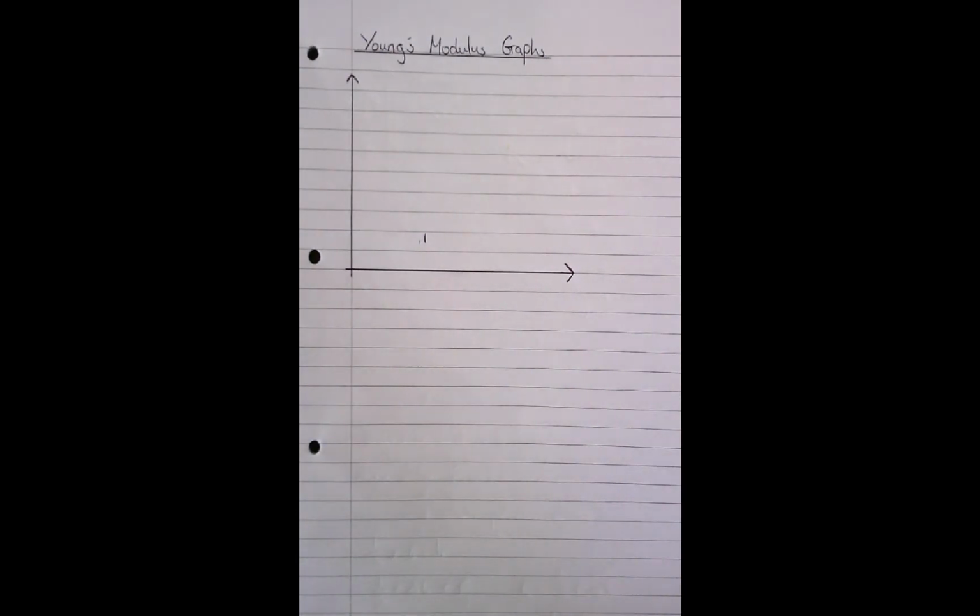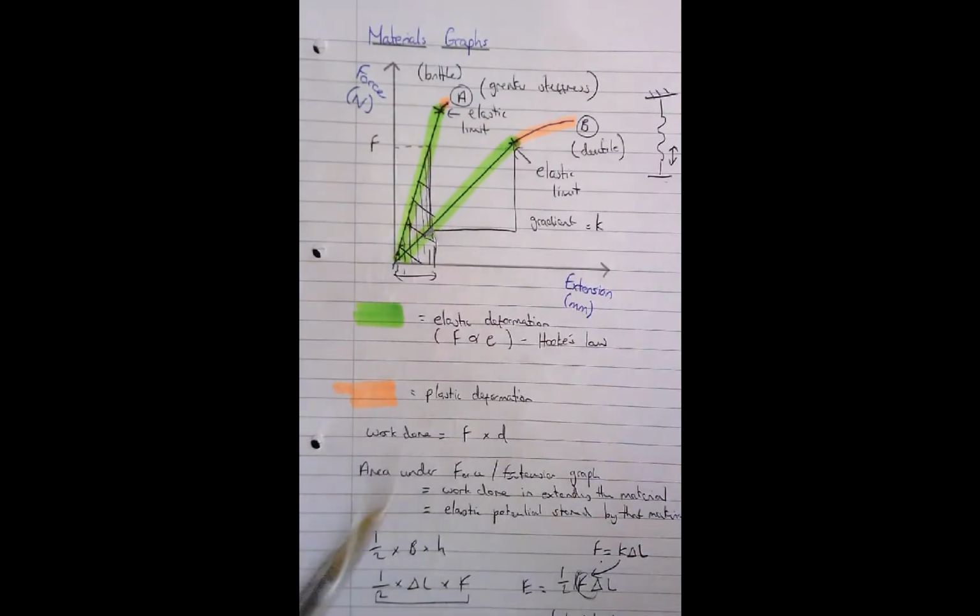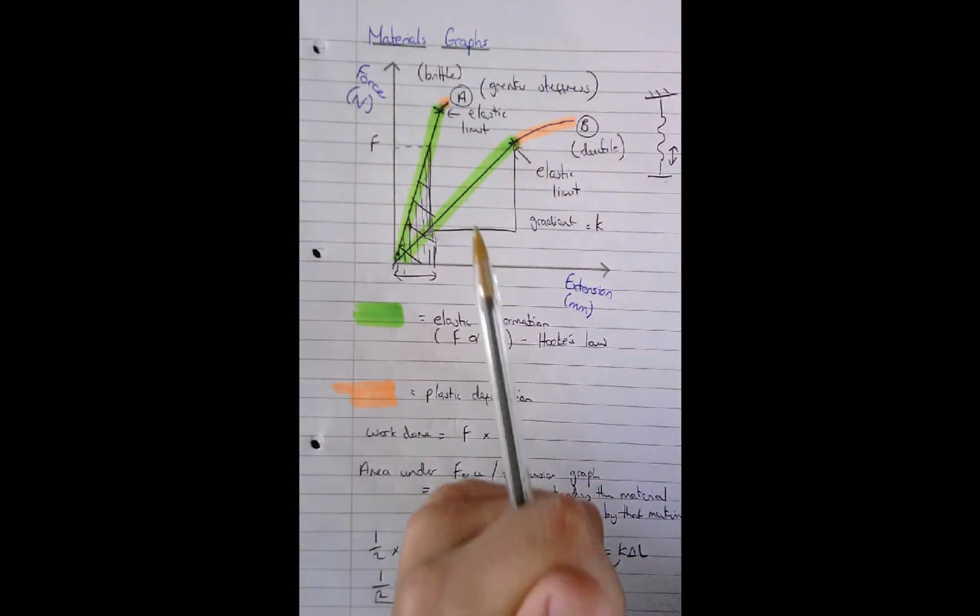We said Young's modulus tells us about the stiffness of the material. From the graph we've just looked at, this force extension graph, there's a lot more interesting about a material than just how much force you need to give a particular extension.